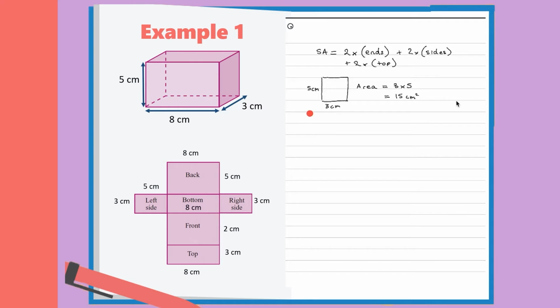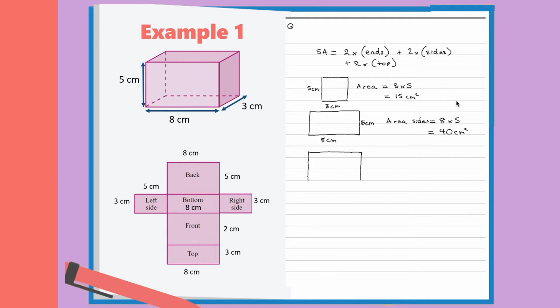Now, we also know that the side rectangles are 8 centimeters long, and their height is 5 centimeters. So the area of the sides is going to be equal to 8 times 5, which is equal to 40 centimeters squared. And then we have the top and the bottom rectangles.